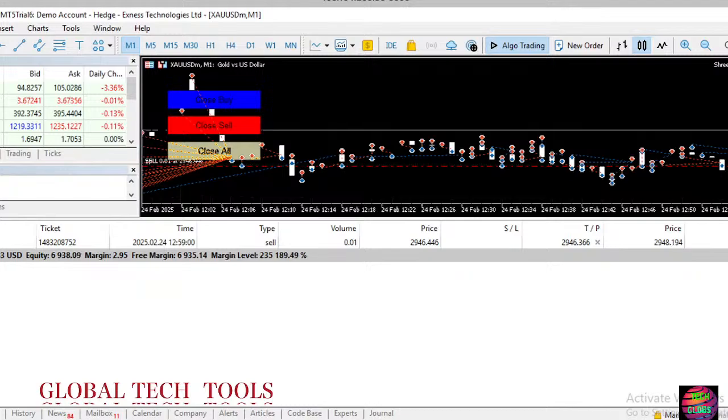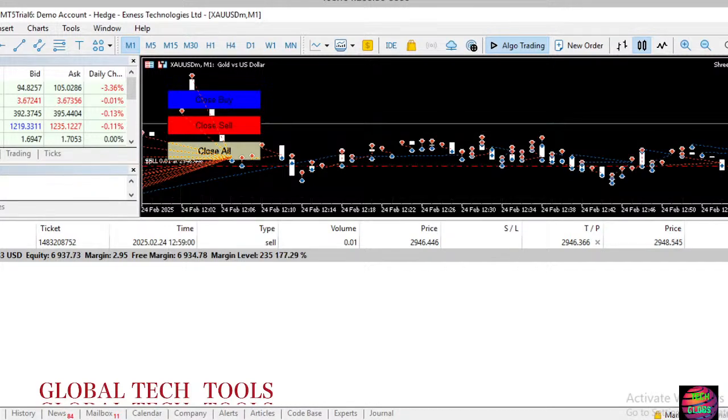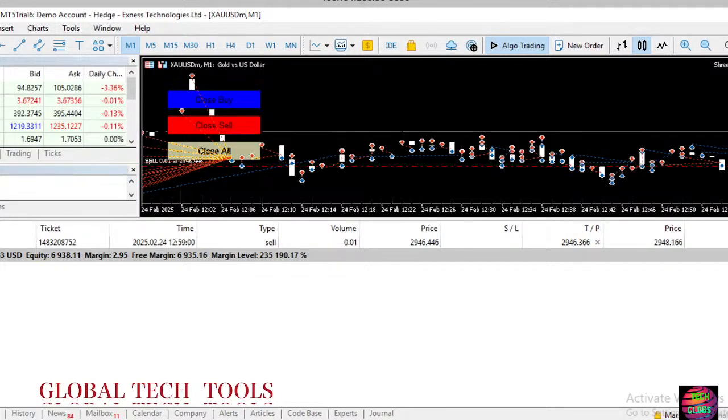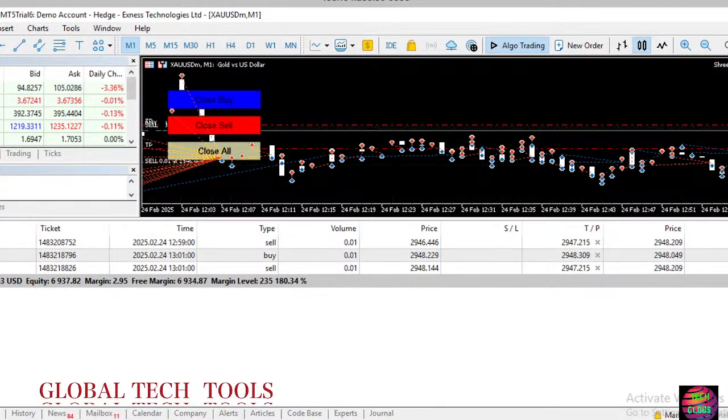It consists of higher highs and higher lows, abbreviated HH for higher high and HL for higher low. A bearish market is sells, indicating you're going to the downside. It consists of lower lows and lower highs, where LL is the abbreviation for lower low and LH is the abbreviation for lower high.